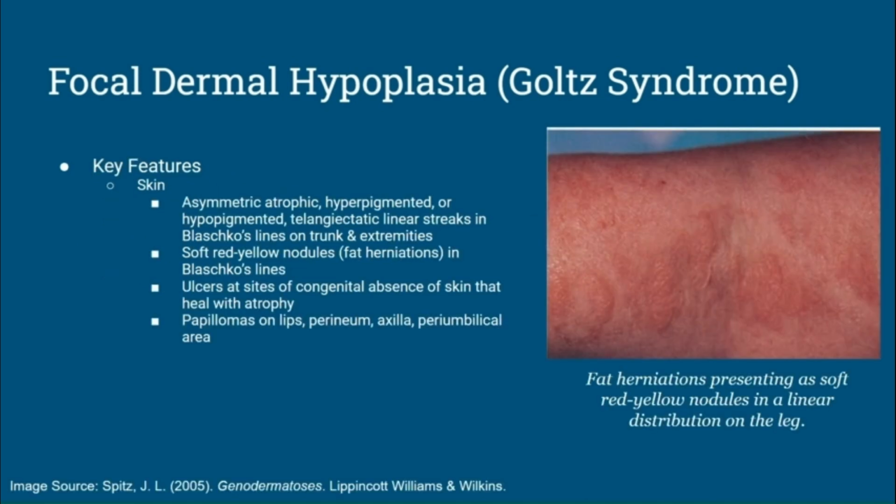And how it presents is these asymmetric, atrophic, hyperpigmented or hypopigmented telangiectatic linear streaks in lines of Blaschko on trunk and extremities. You could also see soft red to yellow nodules or fat herniations. You may even see ulcers or congenital absences of skin. You also can see papillomas on the lips, perineum, maxilla, and periumbilical area.